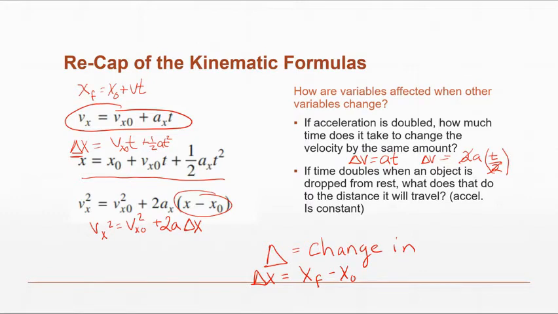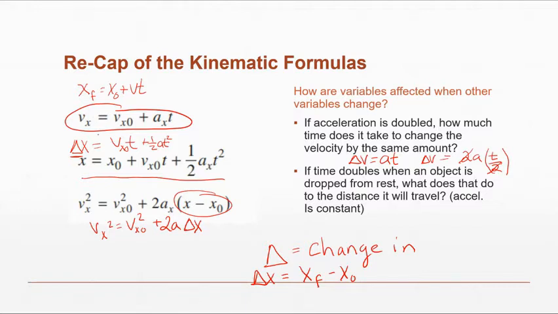Now, if time doubles when an object is dropped from rest, what does that do to the distance it will travel? One thing I want to point out is, when I'm dropping something, I'm changing that in the y direction, so you would change your x variables to your y variables. I'm wondering what happens to the distance if time doubles.